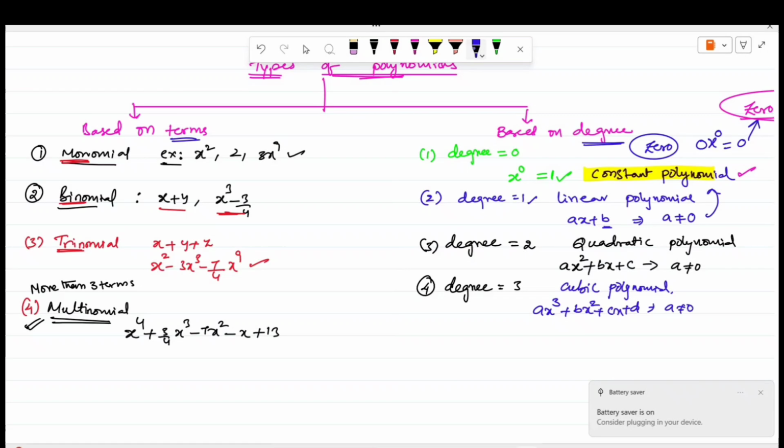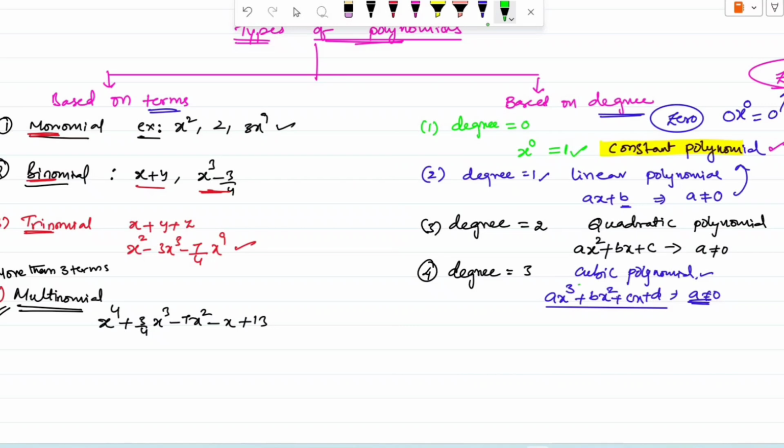And here a is not equal to 0 once again. Why is it not equal to 0? If this is equal to 0, the highest power is 2, so it will become a quadratic polynomial. Similarly, a is not equal to 0 because if it is 0, the term is eliminated. That's the purpose.